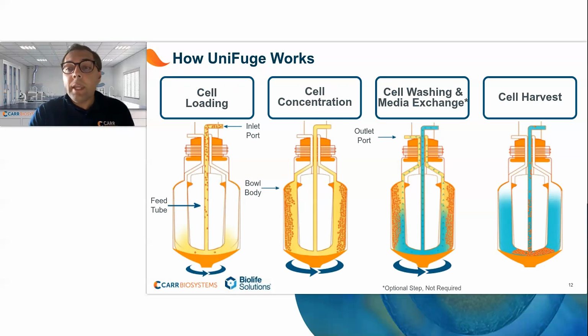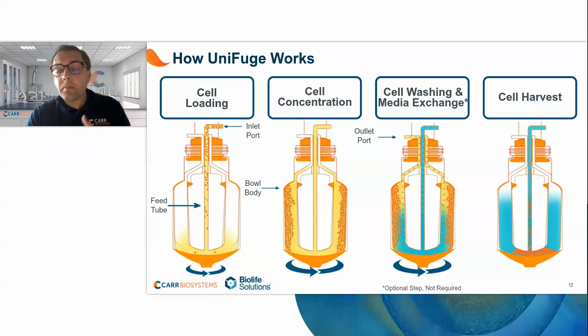Looking at how the Unifuge works, the cell suspension is fed in through the inlet port on the top of the bowl while the bowl is continuously spinning. In the second image on the screen, as the cells continue to pellet along the bowl wall, the supernatant or waste is discharged through the outlet port on the side of the machine.